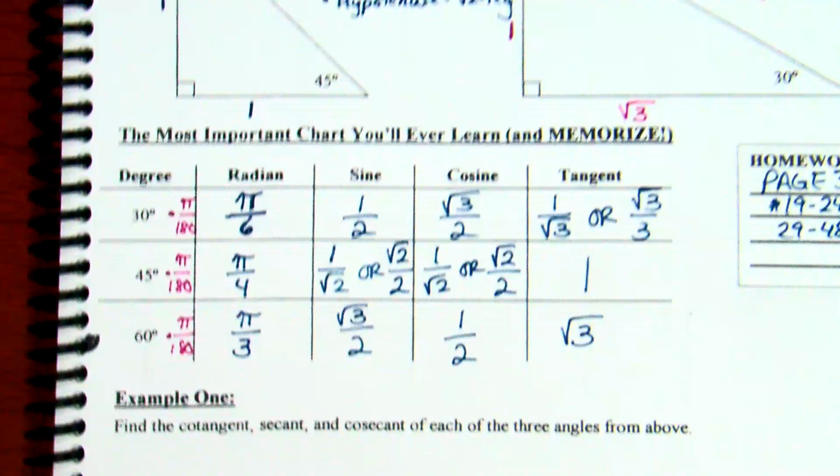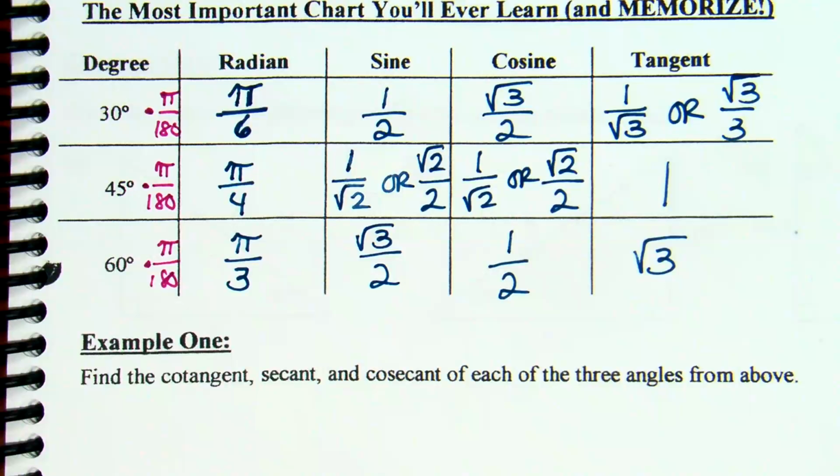Example 1 says find the cotangent, secant, and cosecant of each of the 3 angles from above. What do we know about cotangent, secant, and cosecant? They're the reciprocals of the ones we just did, right? So, your chart on the quiz is actually going to be double the length, because I'm going to have sine, cosine, tangent, but then I'm also going to have the reciprocals.